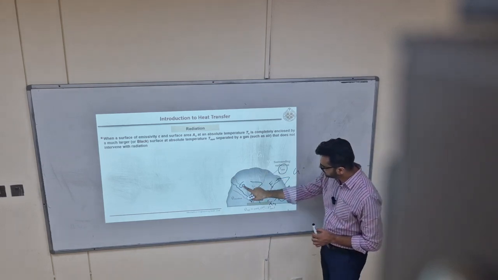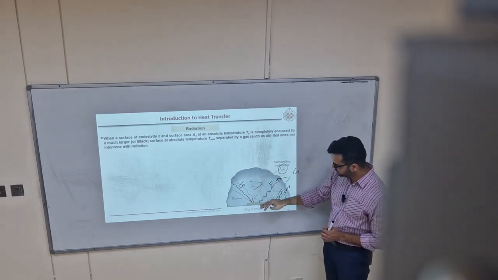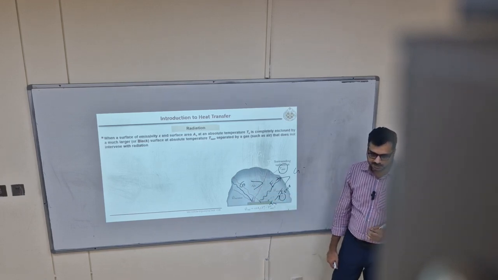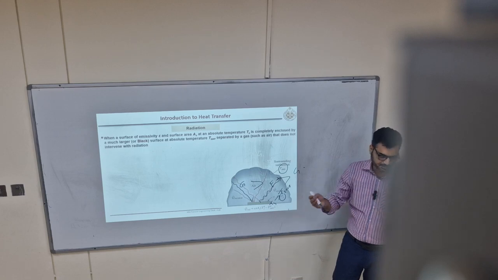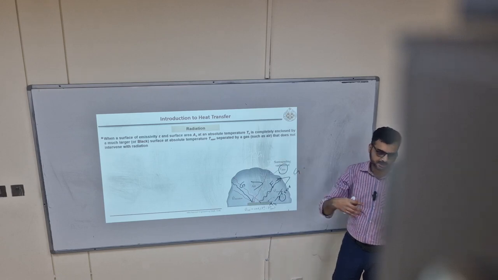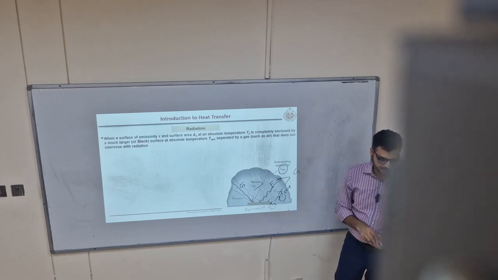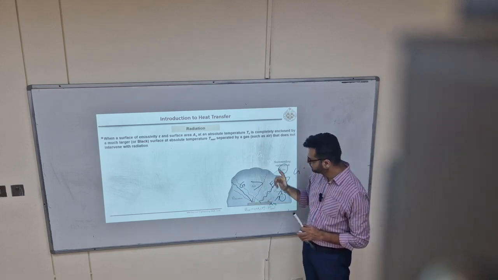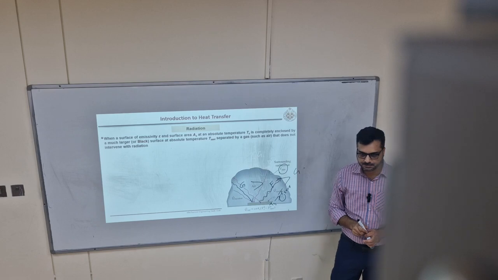And look here, you have a gas. If it is separated by a gas like air, gases normally do not interfere with the radiation. They do not absorb, they do not reflect, they normally allow the radiation to pass through, right? So then the radiation heat exchange is only between these two surfaces. What will air be doing here?